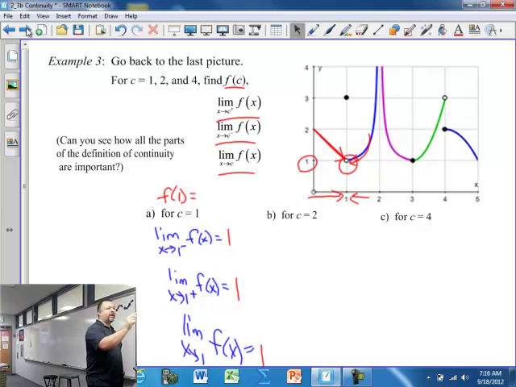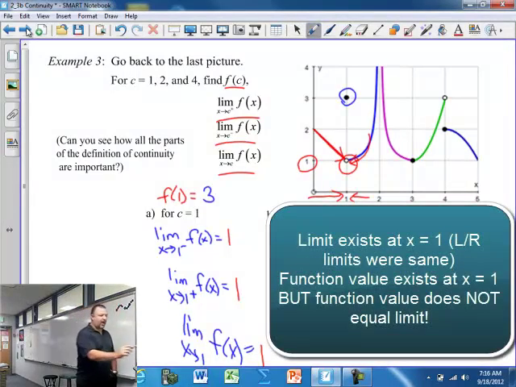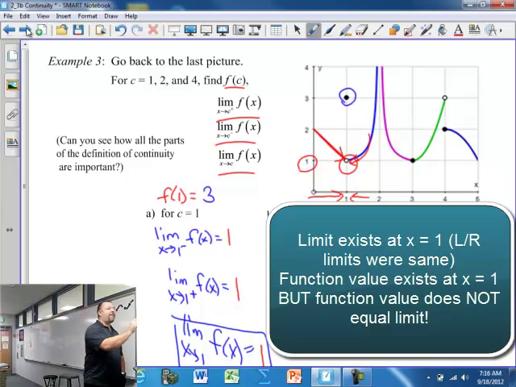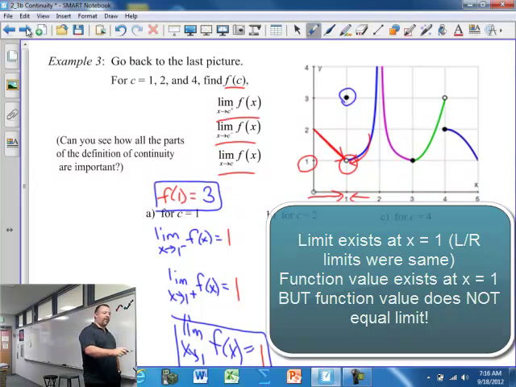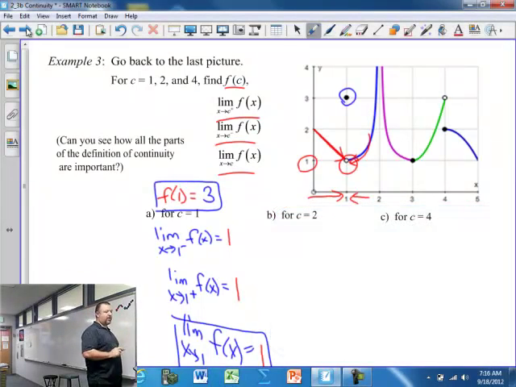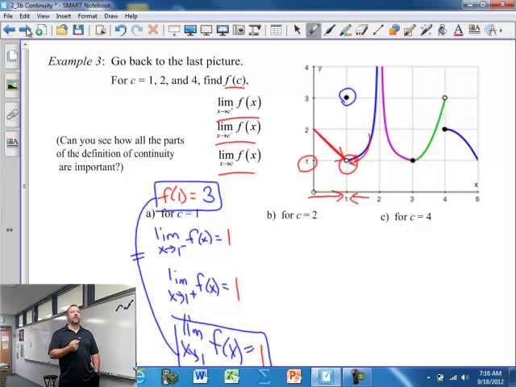But the issue here is that f of 1 is defined way up here to be 3. So it's not good enough to just check the limit. The limit as x approaches 1 of f of x does exist. It does equal 1. But f of 1 is 3, therefore the limit as x approaches 1 of f of x does not equal the function value at 1, therefore it's not continuous at x equals 1.